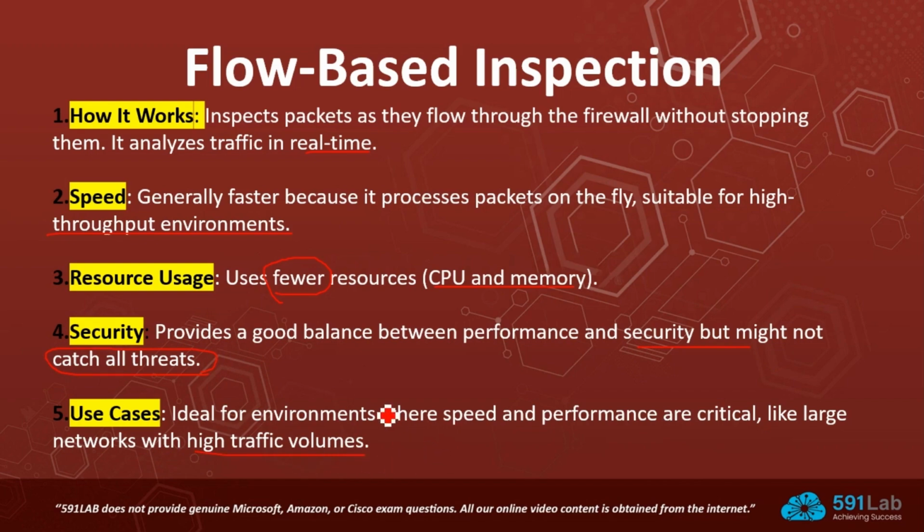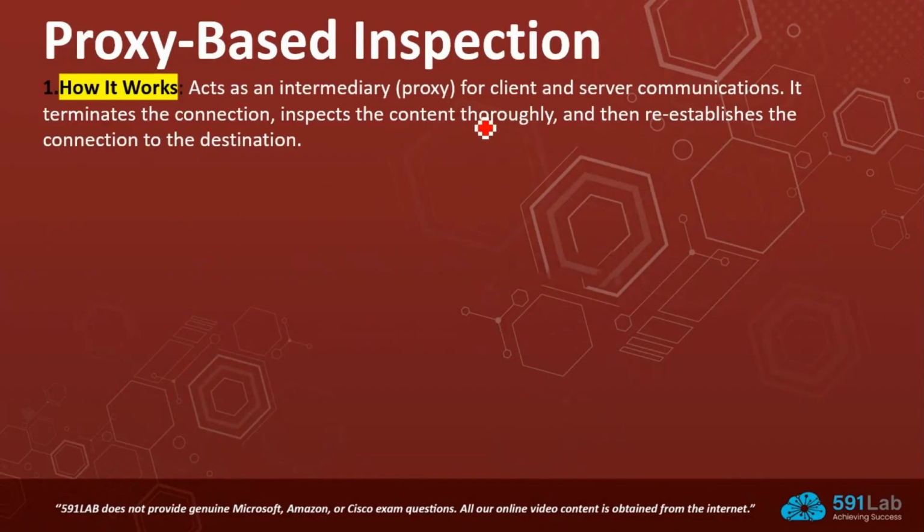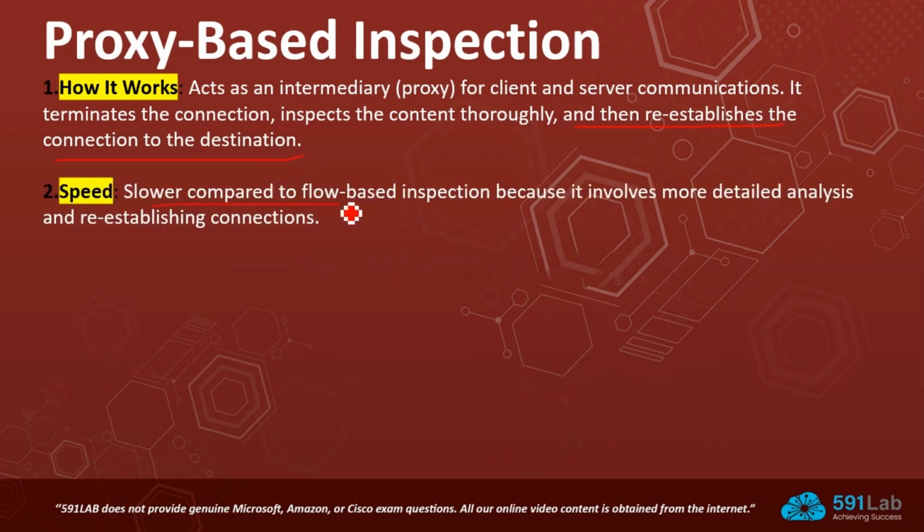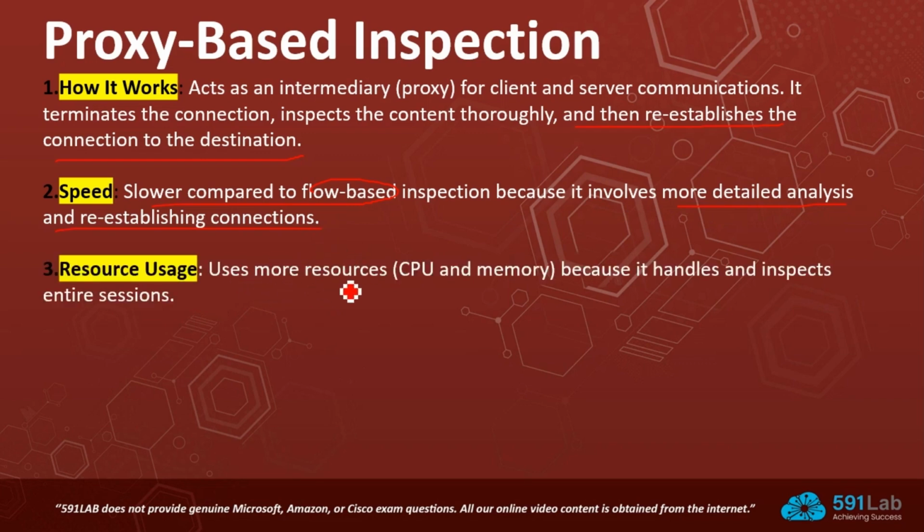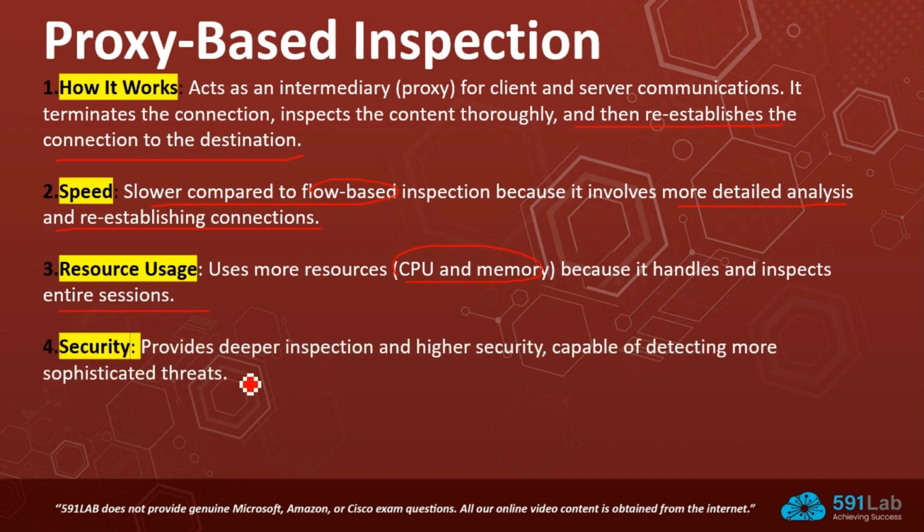When you look at the proxy-based inspection, it acts as an intermediary, like a proxy for client and server communication. It terminates the connection and re-establishes the connection to the destination. Talking about the speed, it is slower compared to flow-based inspection because it involves more detailed analysis and re-establishing the connection. Hope you can understand. For resource usage, it uses more resources, meaning CPU and memory, because it inspects entire sessions.